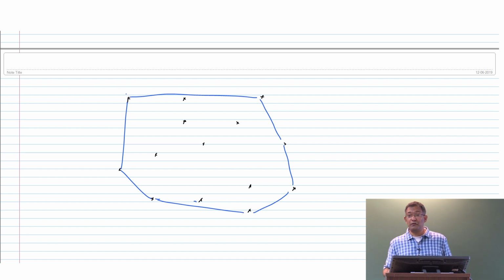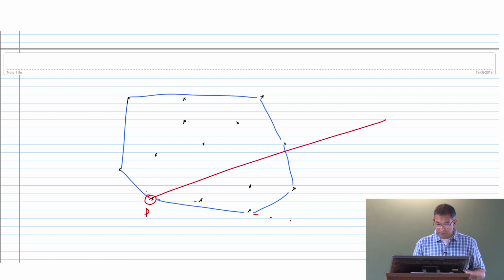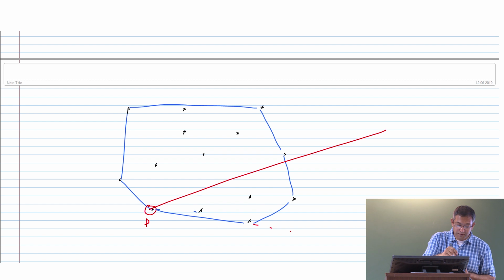So let's say this is the convex hull. The idea is the following. Choose an arbitrary point on the convex hull. Let's say this is the point P that you've chosen. Okay. Now I'm going to radially sweep, and the convex hull has too few points. Let me just add a few more points.